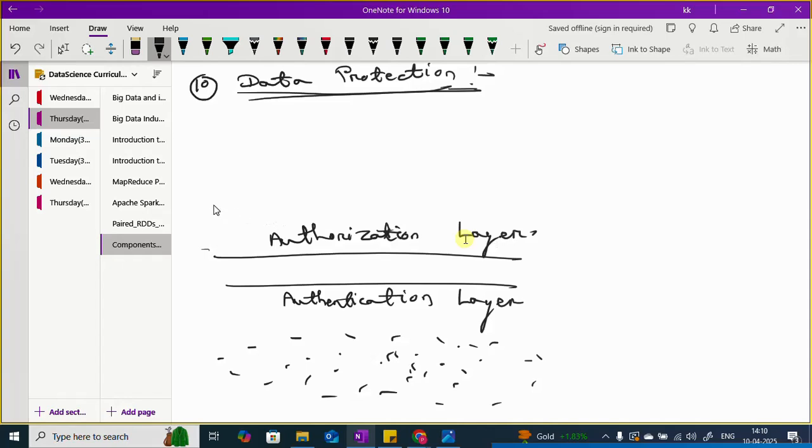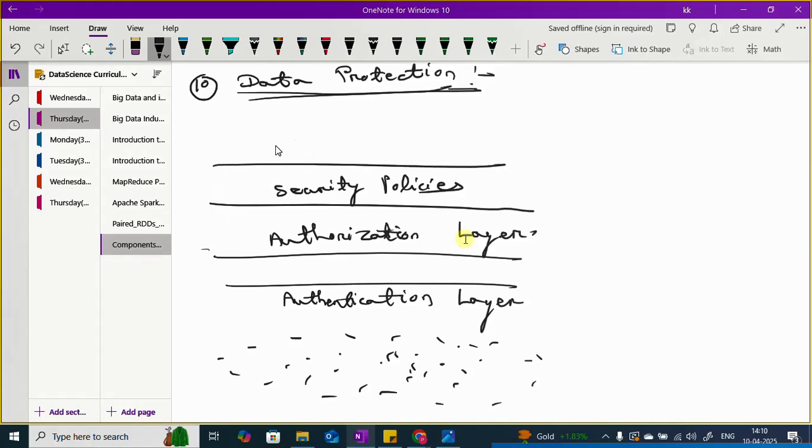Then we are giving some security policy. We implement security policy. Then access permission. Maybe we are giving some read access, write access, modify access.